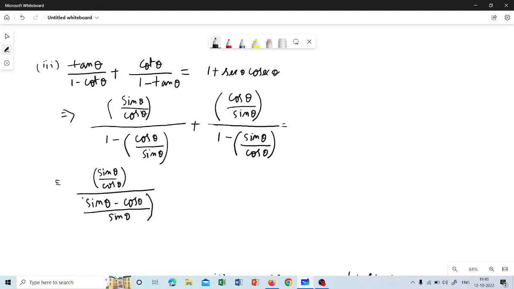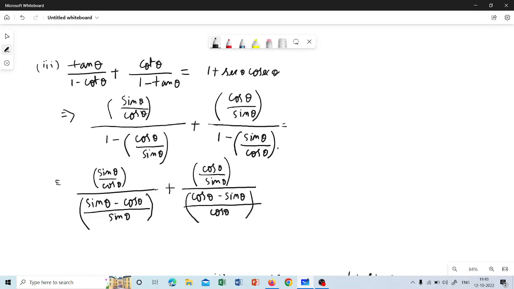Now always try to put the bracket for numerator and denominator separately, because there are so many divisions, you might get confused. Now again on this side, if I take LCM, cos theta by sin theta, so cos theta will go into 1, cos theta minus sin theta by cos theta. So this I am taking.